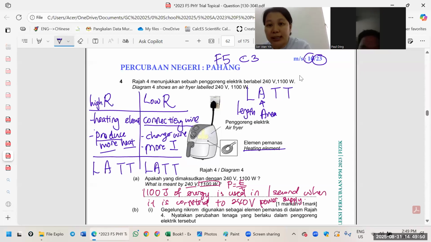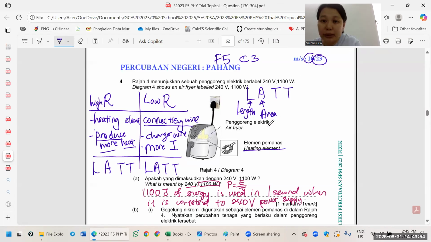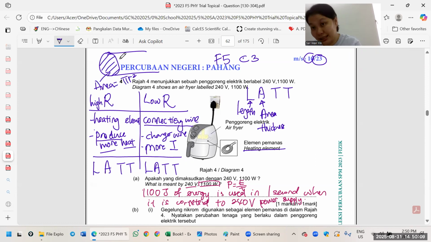Okay, so area means thickness, means cross-sectional area of the wire. This is wire, you cut it, you cross it. Normally, this cross-sectional area equals pi r squared. It's a circle. I believe your basics are all very good already. Okay, LATT.